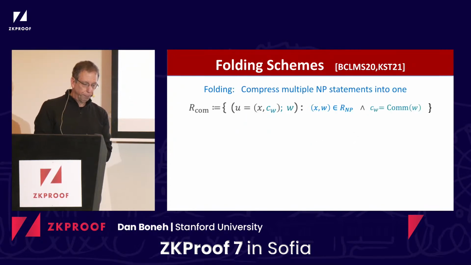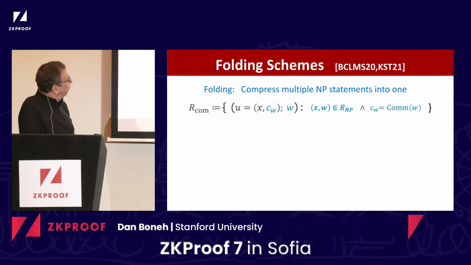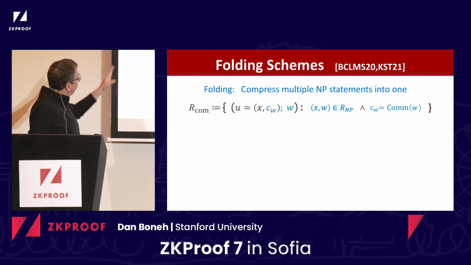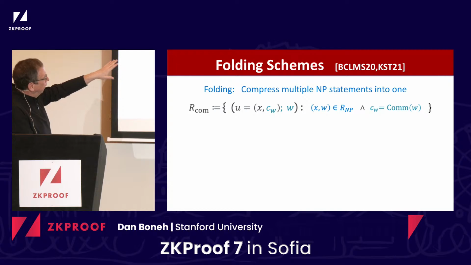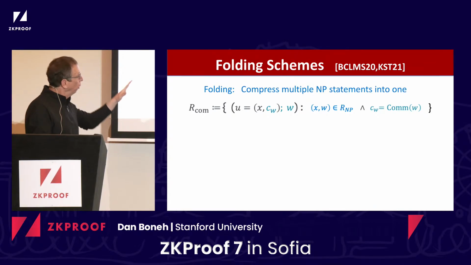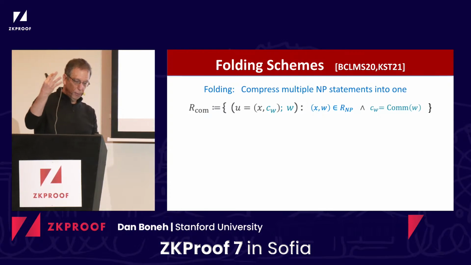Okay, so what do we do? In folding, the first thing we have to do is rewrite our statement in a way that's amenable to folding. We take our NP statement, which we call R sub NP, and rewrite it in terms of R sub com. What is the difference? The difference is relatively simple. All we did here is expose a commitment to the witness in the statement.